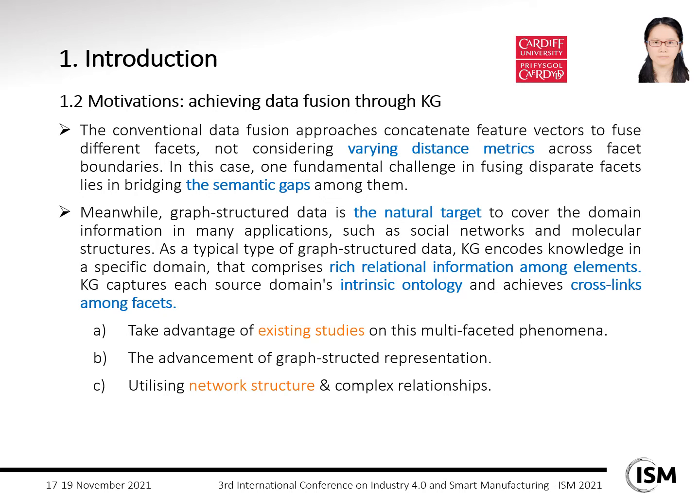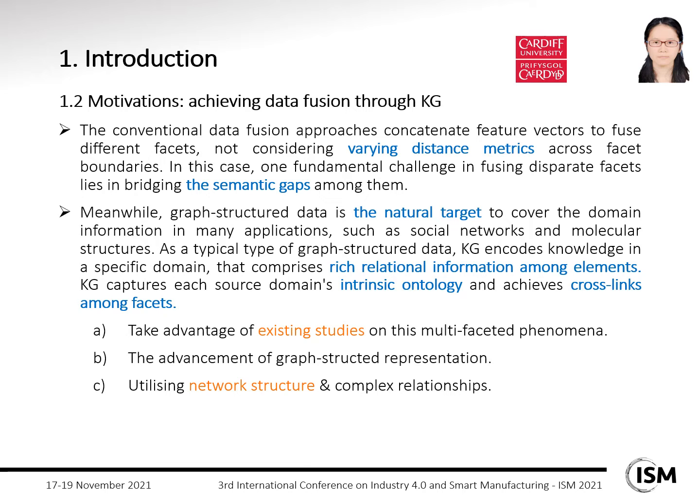Meanwhile, graph structure data is a natural target to cover the domain information in many applications such as social networks. As a typical type of the graph structure data, knowledge graph encodes knowledge in a specific domain that comprise rich relational information among elements.